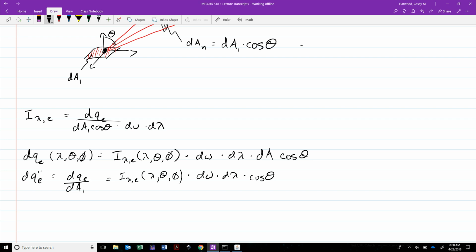This is where things get a little bit confusing, so it helps to write this down. When you're dividing the amount of radiated energy by a surface area in order to get this double prime, you need to make sure that it's actually the physical surface area of the emitting object, not the projected area.